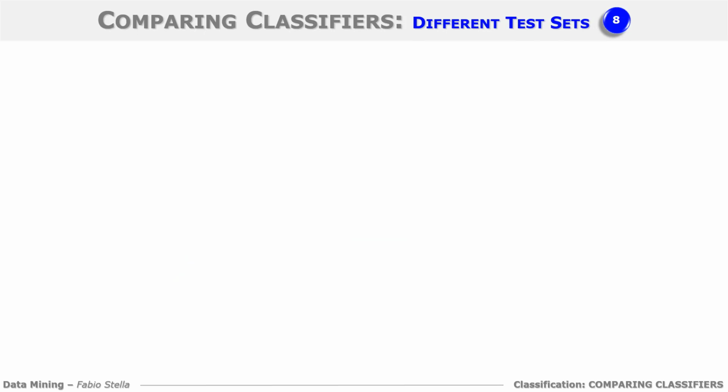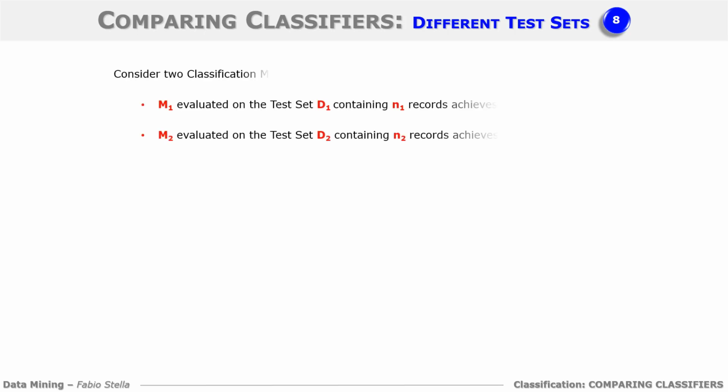Let us now focus our attention on the issue of comparing different classifiers, and in particular we start with the case of different test sets, so the case where two classifiers must be compared but two different test sets are used for their comparison. In such a situation, consider two classification models, M1 and M2.